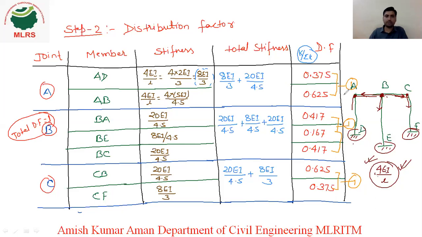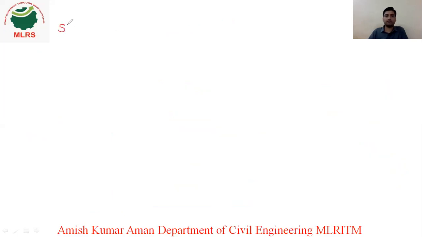Now moving to step number 3, that is distribution of moments. And every time when I talk about this step, it is really very, very important. Okay. So coming to the next step, that is distribution of moment, step 3.